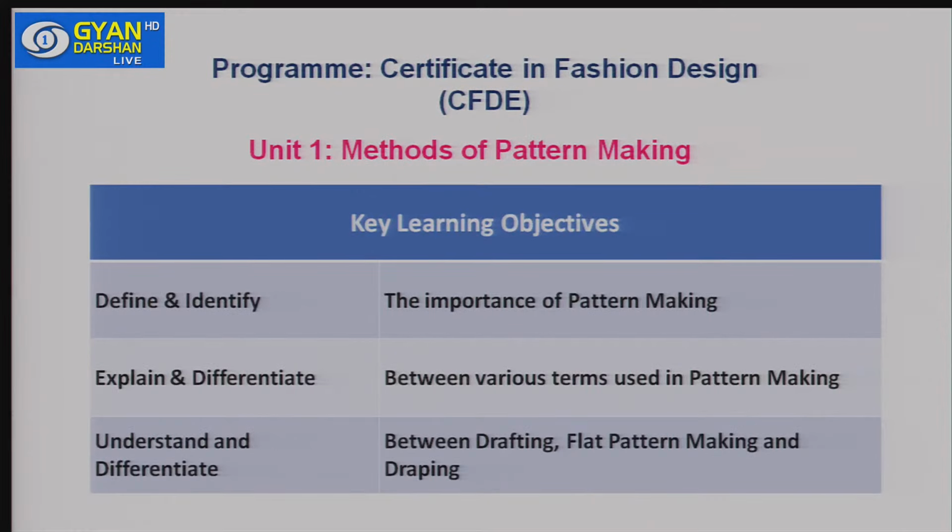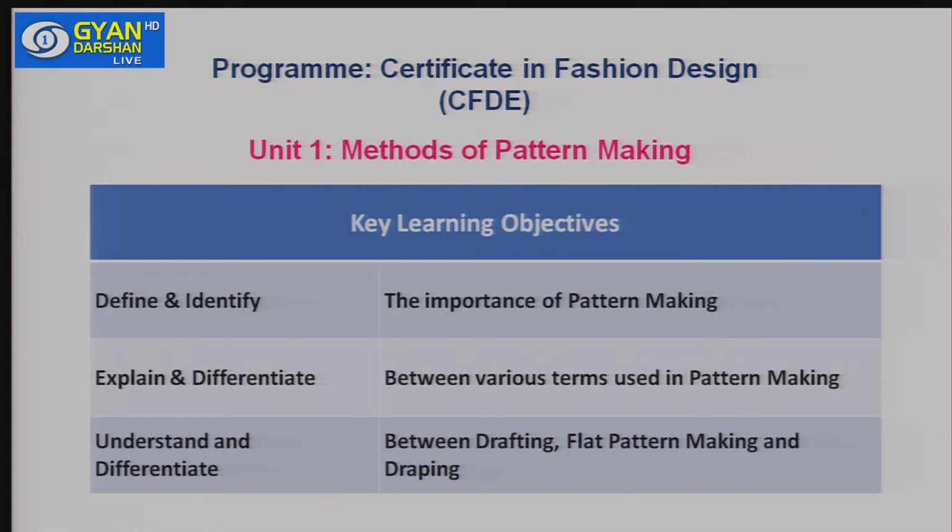When you see your study material, the first unit of block 1 is methods of pattern making, which is very important for you to understand, because being a student of design, you have taken this program with the aim that you will construct your garment. This unit will make you aware of the different methods of pattern making and how you will construct your garment.